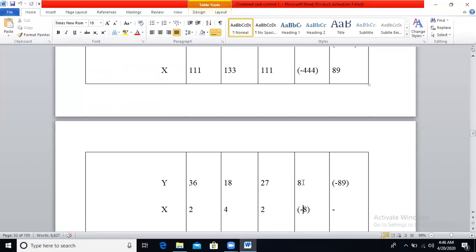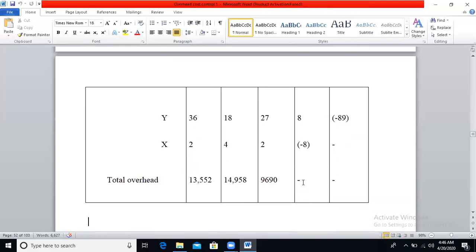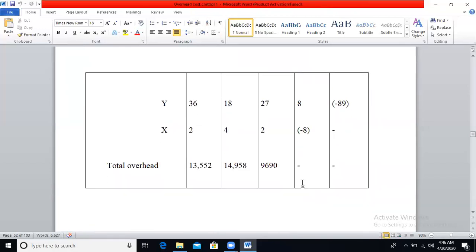See, in case of repeated distribution method, you have to repeatedly reapportion the service department expenses until the service department's values get exhausted, or else it will be less than 1. So if you got the service department value as a single digit, then you can reapportion to only the remaining production departments.